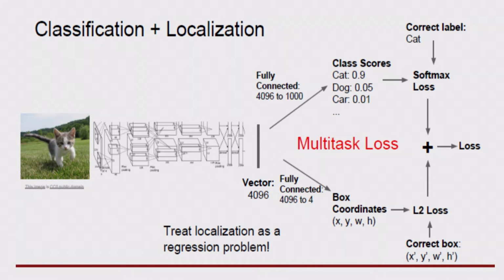Say I want to detect a single object for the time being. If you want to localize this object, what is important is we need to know what object it is and where the object is. If I want to know which object it is, we perform classification. If you want to know where the object is, we need to find x, y, h, w of it, so we perform regression.